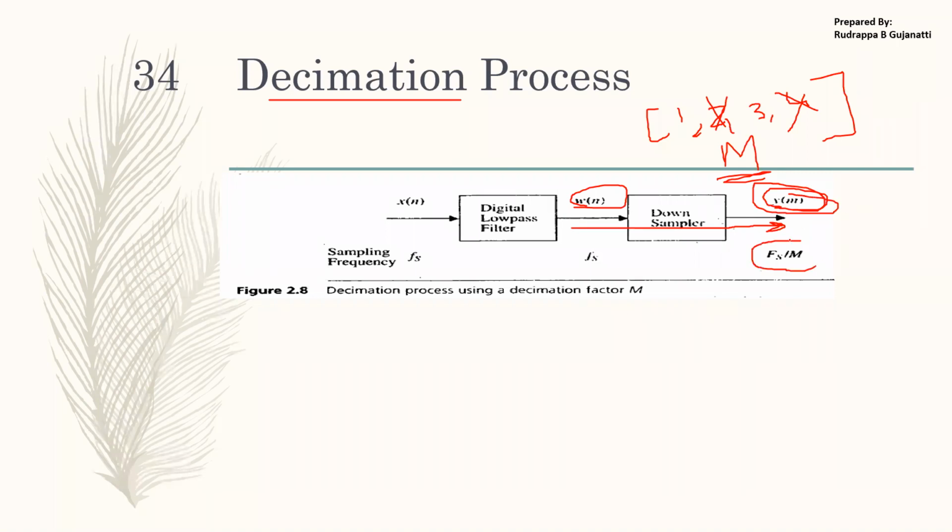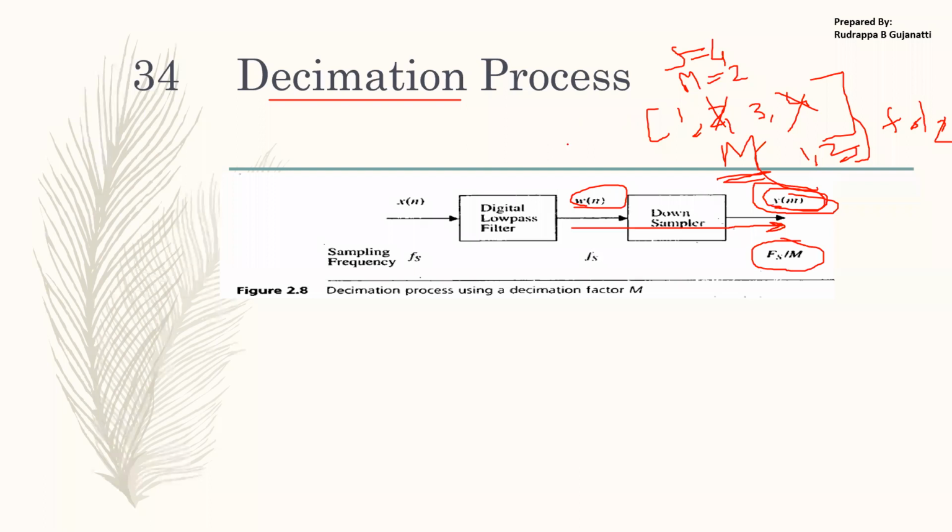Now if you observe the number of samples which will be present here: previously there were 4 samples, and I had taken a decimation factor of 2. If I discard every alternate sample, I'll have only 2 samples. So what is happening? The sampling frequency Fs gets divided by half.